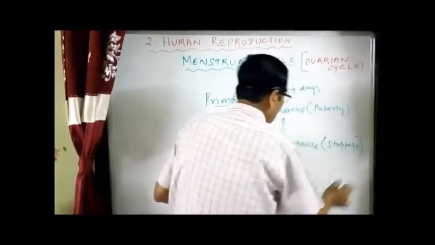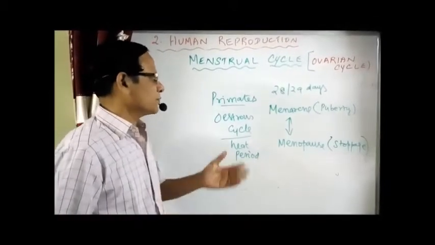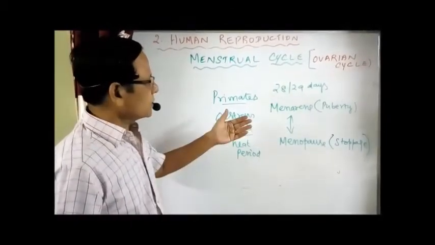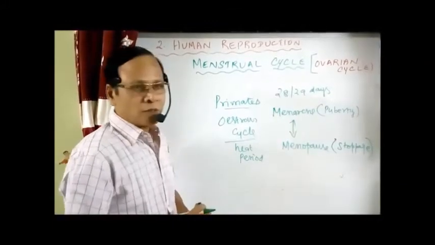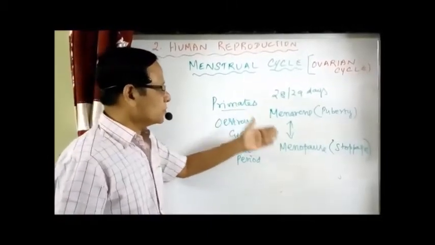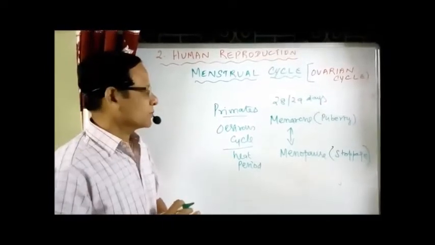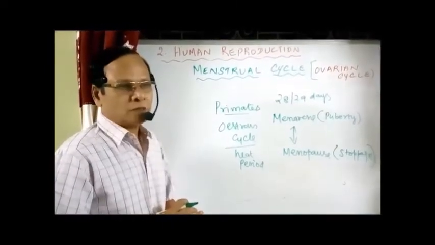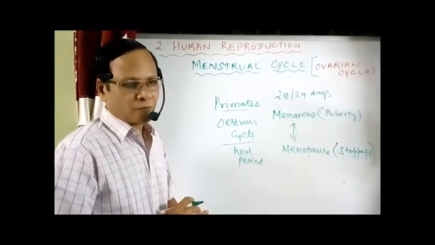The average age for menopause is roughly 50 years in females. So the menstrual cycle occurs once in every, for example, 28 to 29 days during the reproductive life of the female from menarche to menopause, except during pregnancy or gestation. So there is no menstrual cycle during pregnancy.